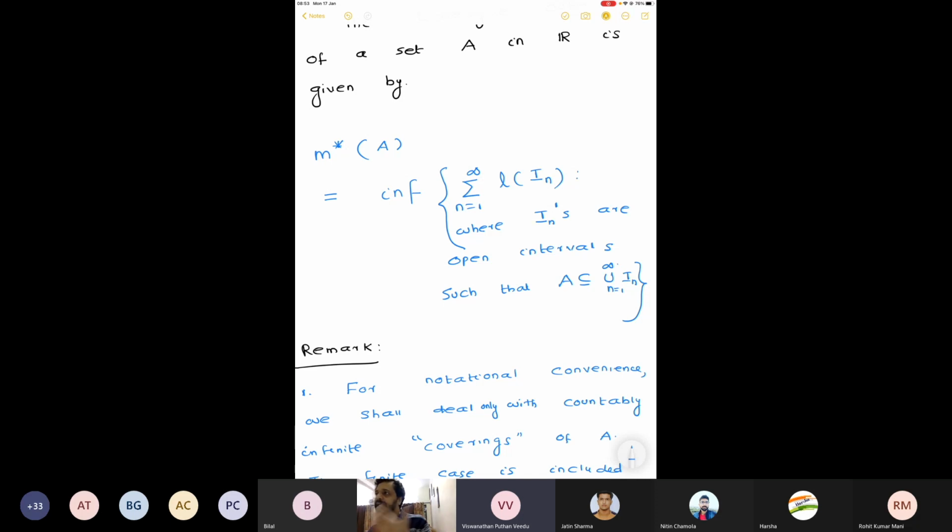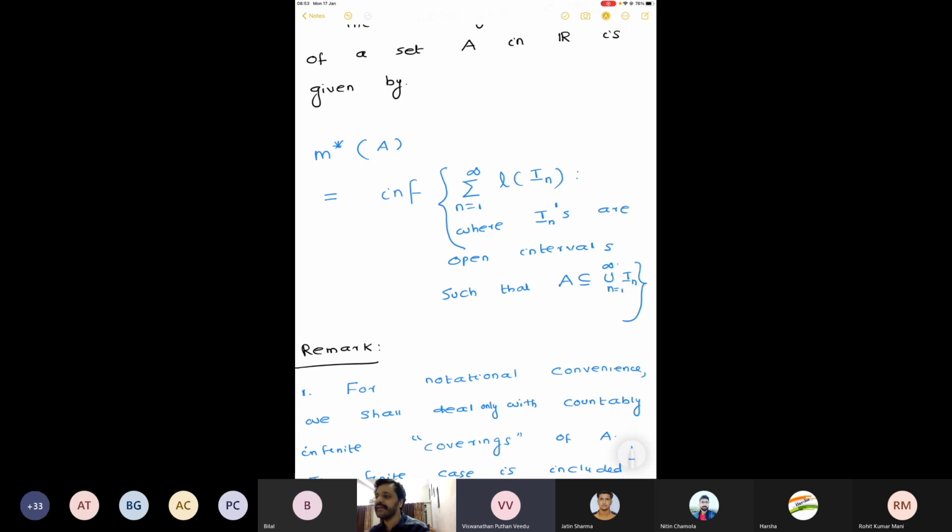Then they take different covers and then take the infimum. This is what you have to do. Now, suppose A is the null set. Can you tell me at least one cover of the null set with open intervals? The null set itself.